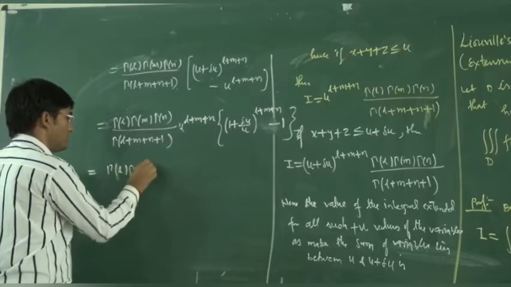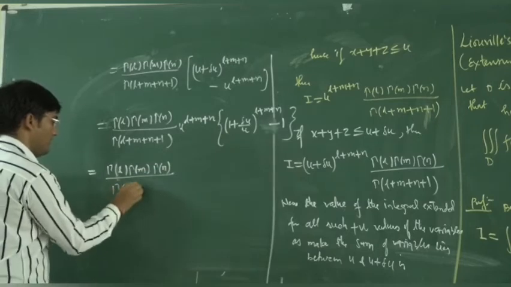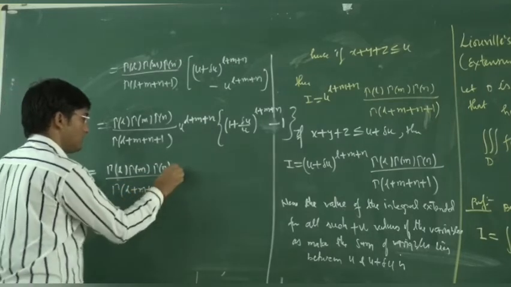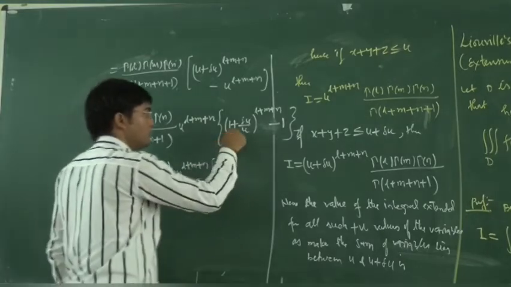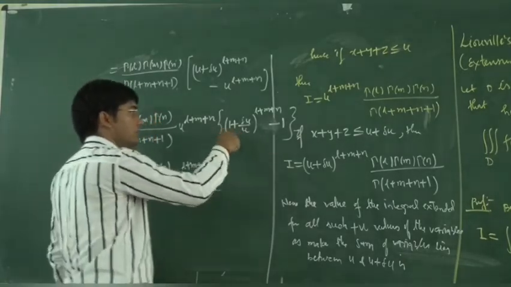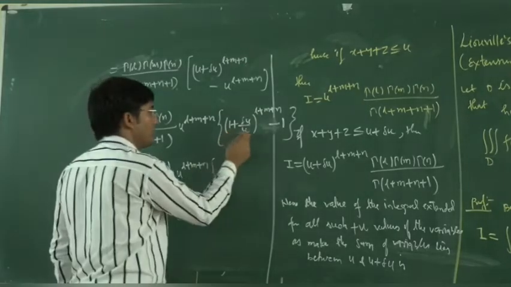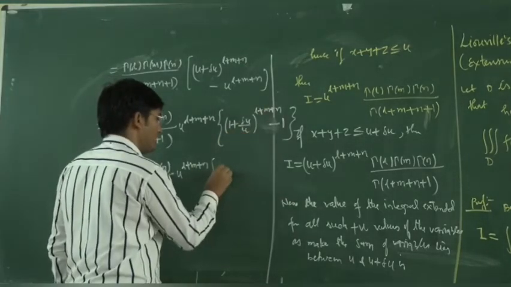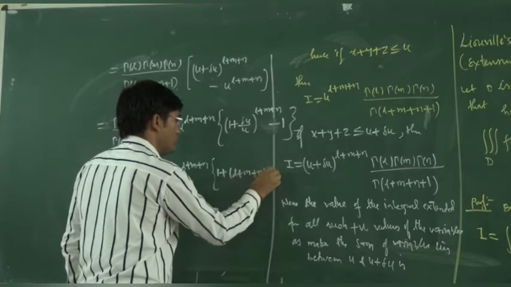So we have this integral equal to gamma L, gamma m, gamma n upon gamma L plus m plus n plus 1, then u power L plus m plus n. Now just expand this term with the help of the binomial series. So this will be 1 plus x power n, so we will have 1 plus nx. So this will be L plus m plus n into delta u upon u.